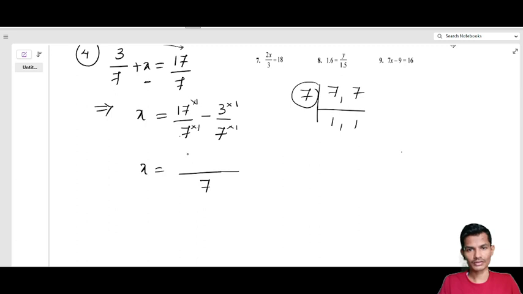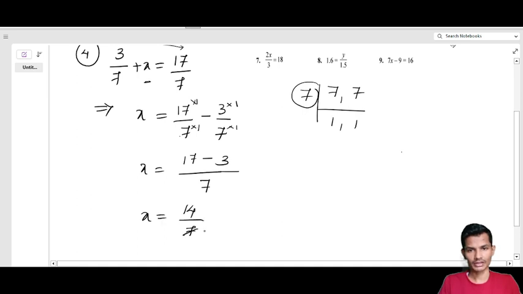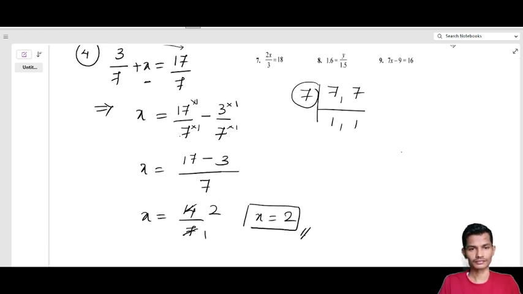So 17 minus 3. So x equals 17 minus 3 is 14 by 7, and 7 twos are 14, so x equals 2. We got x equals 2.